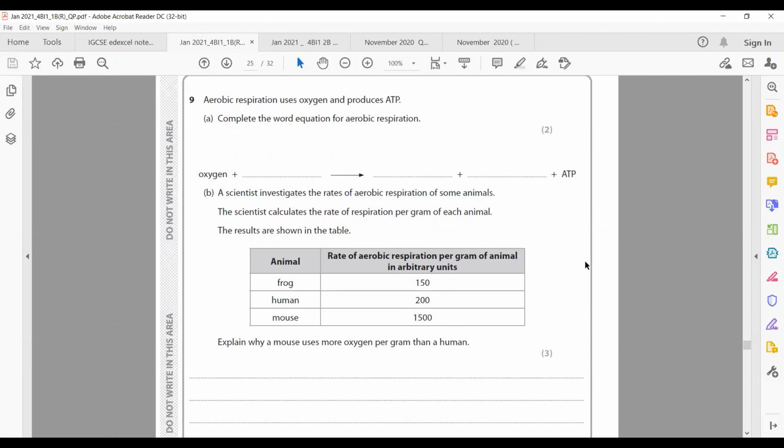And then it needs more oxygen, okay, for what? Now, what does the mouse do with oxygen?